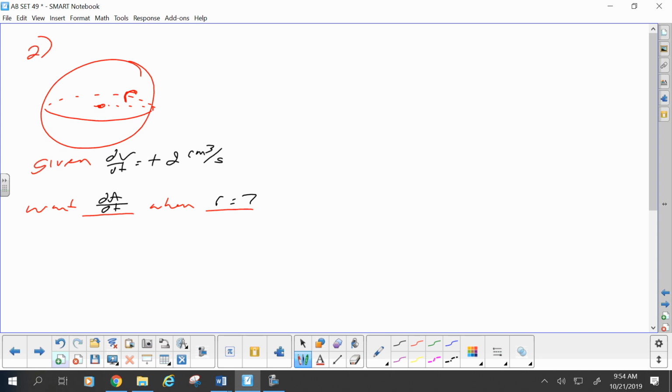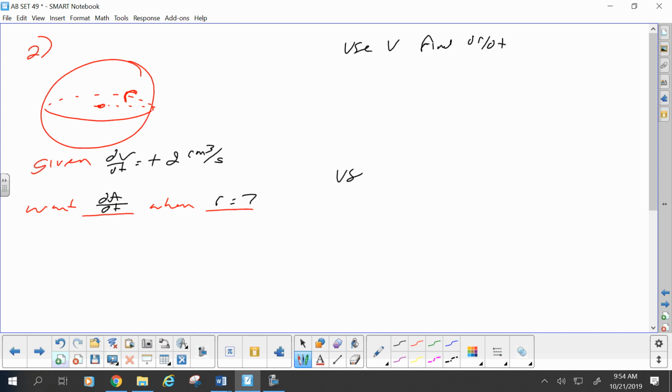Or in calculus terms, you could use dV/dt to find dr/dt, and then once you have dr/dt, you can use it to find dA/dt. That's how I will approach this in a two-step way. I'm going to use the volume to find how the radius is changing.